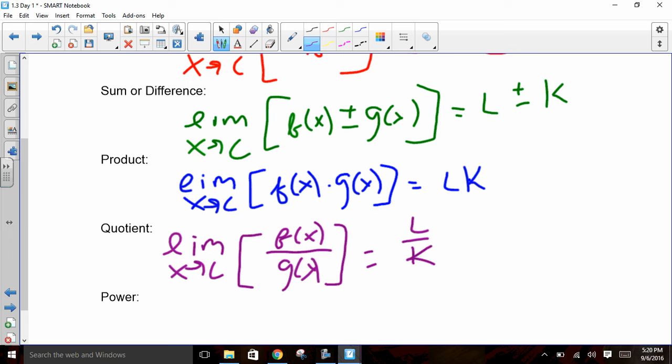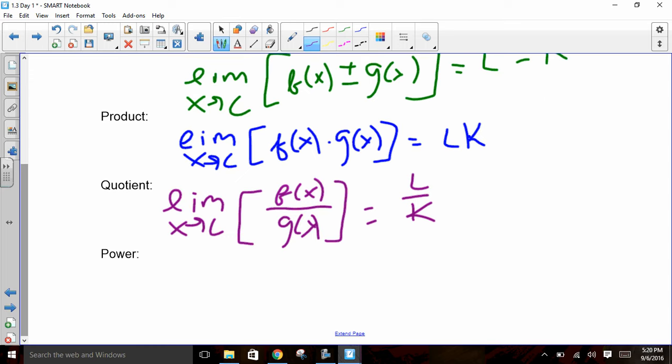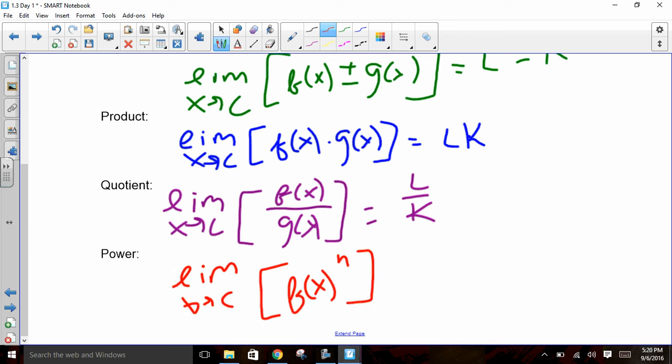Likewise, if I switched and had g of x divided by f of x, then my answer would be k divided by L. And lastly, my apologies, if I take the limit as x approaches c of f of x to the nth power, it's the same thing as saying L to the nth power.